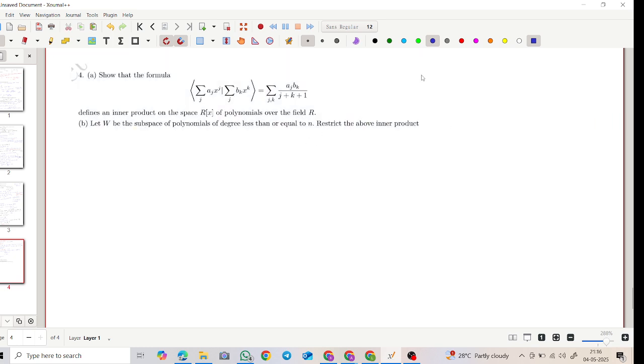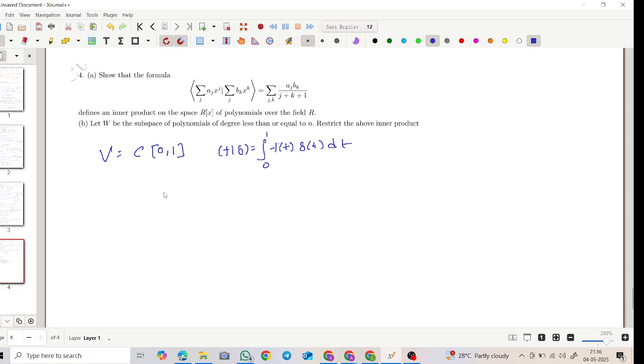So you see, we have just shown that V was our C01. Then we defined an inner product between F and G to be the integral of f(t)g(t) dt. It was an inner product.